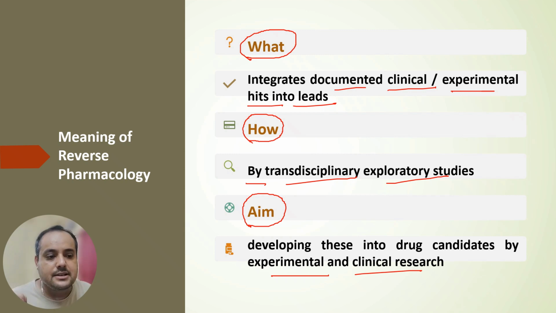By definition, reverse pharmacology is a science which integrates the documented clinical or experimental hits into leads by transdisciplinary exploratory studies, and ultimately develops these into drug candidates by experimental and clinical research, right? So let us move on.